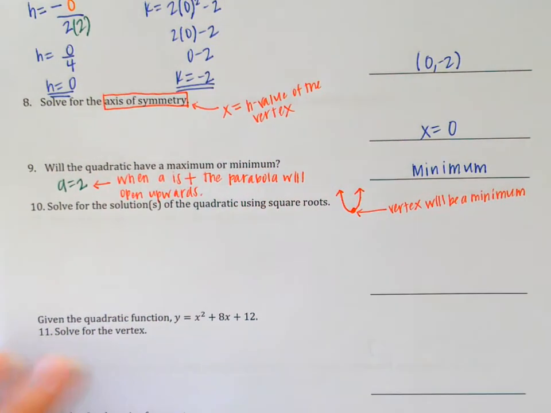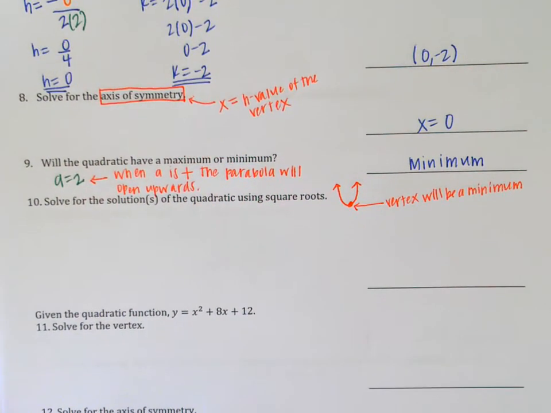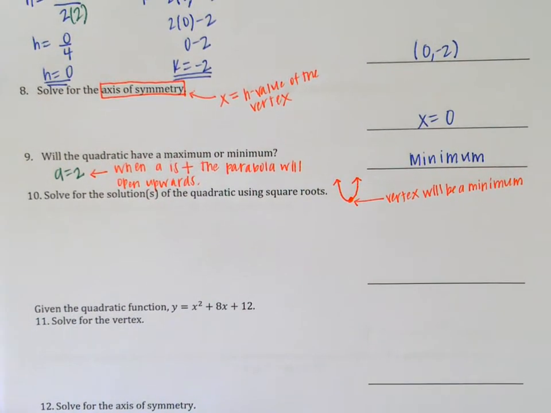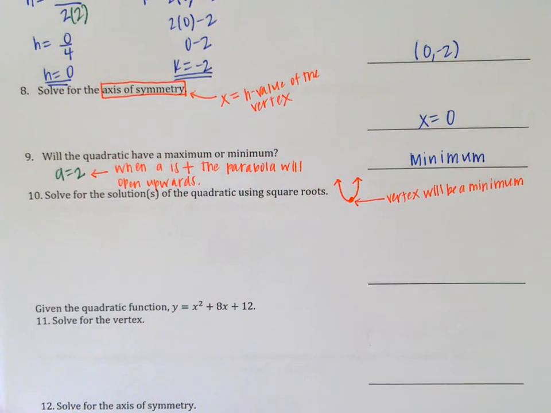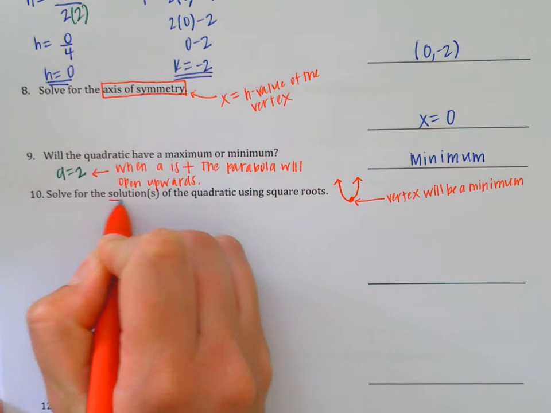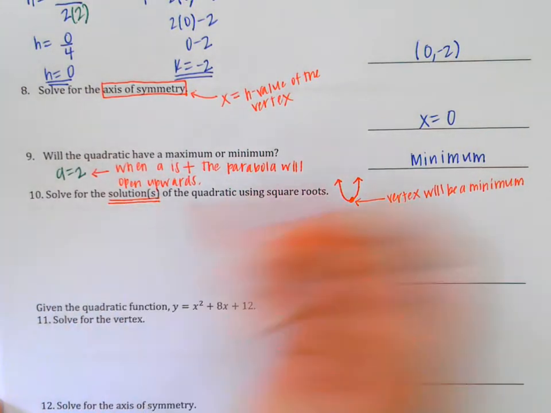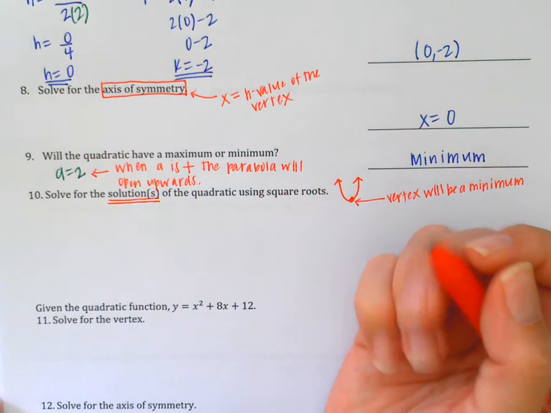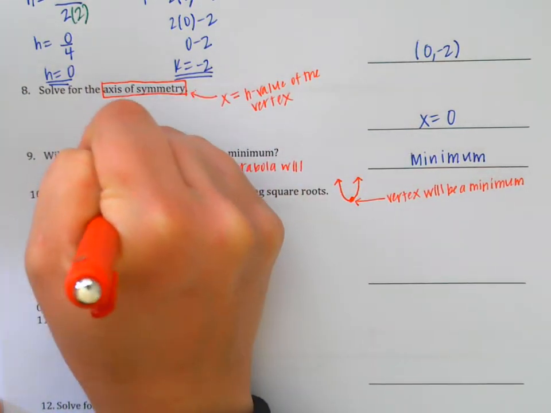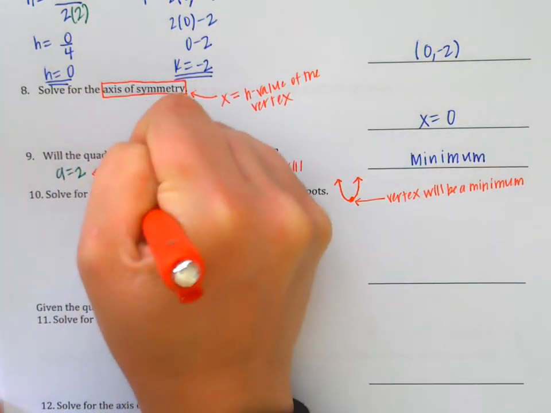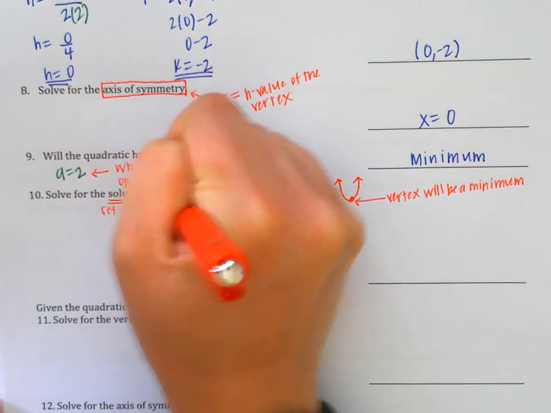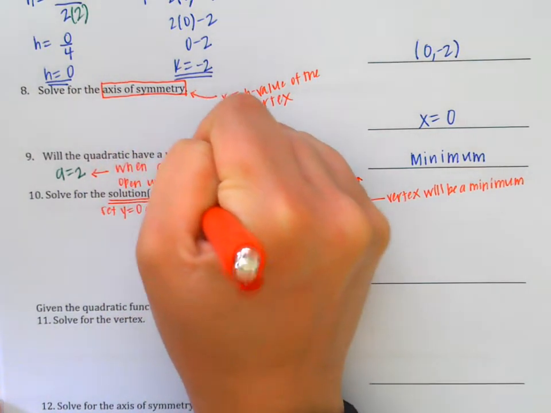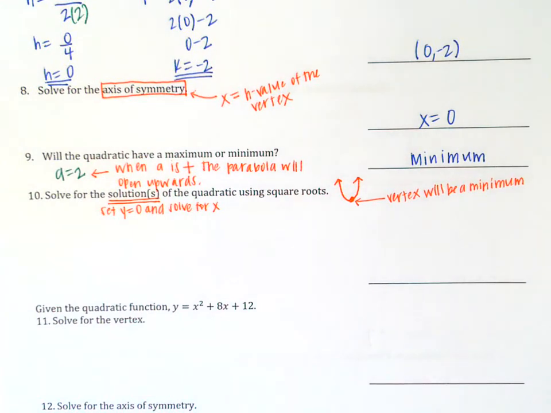Okay, so number 10 then asks to solve for the solutions of the quadratic using square roots. Remember, solutions is when y is equal to 0. So we set y equal to 0 and solve for x, because it's the same as solving for our x-intercepts.